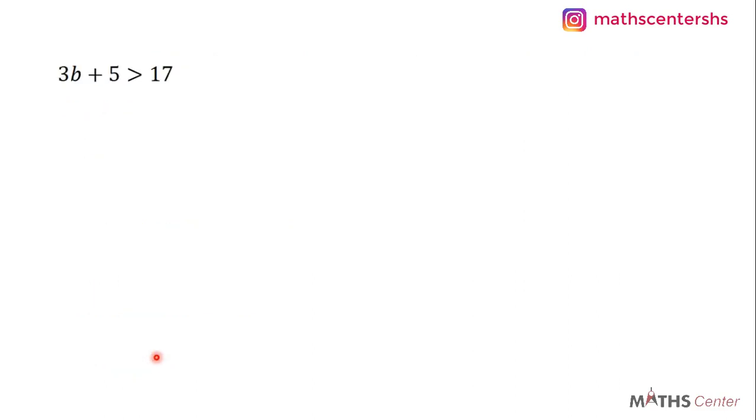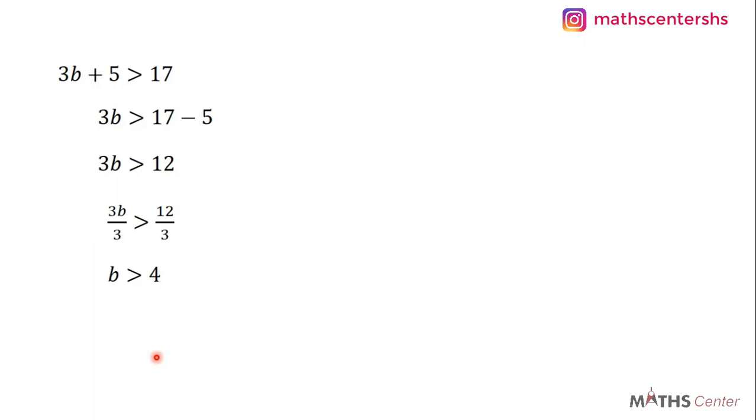So we can now solve this. We know that 3b plus 5 is greater than 17. If you are solving this, you are going to have 3b is greater than 17 minus 5. 3b will be greater than 12. We divide both sides by 3, as we've been doing all along, and b will be greater than 4. So the range of values is that b is greater than 4.